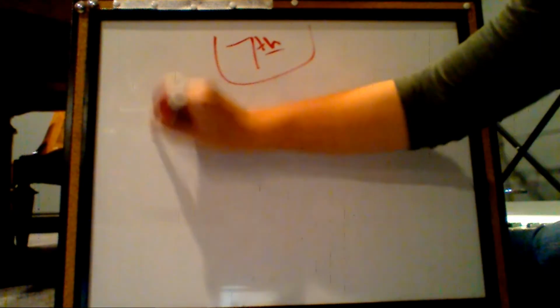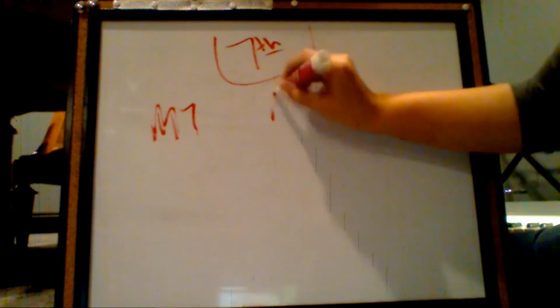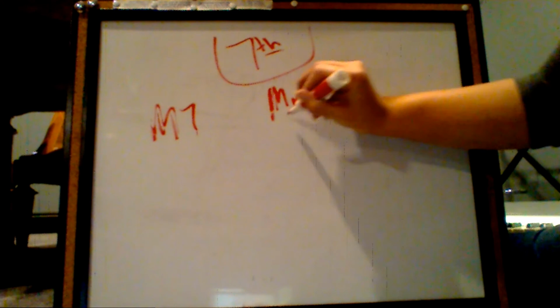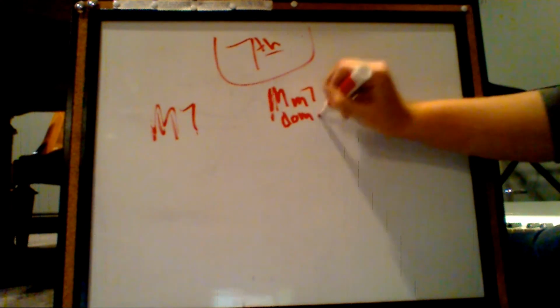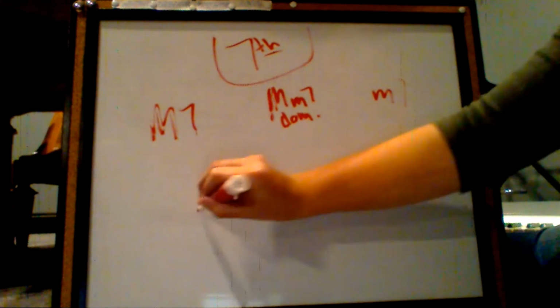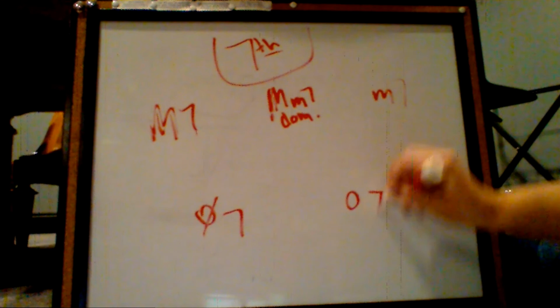So the first one we have is a major seventh. Major seventh. And then you have the major minor seventh, also known as the dominant seventh. You have the minor seventh. You have the half diminished seventh and the diminished seventh.